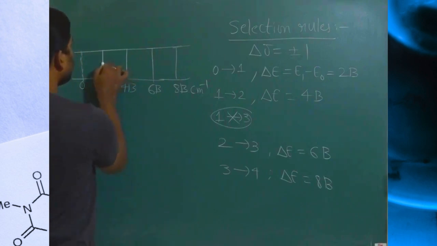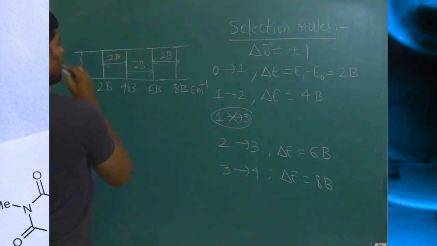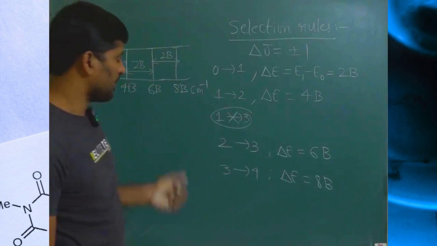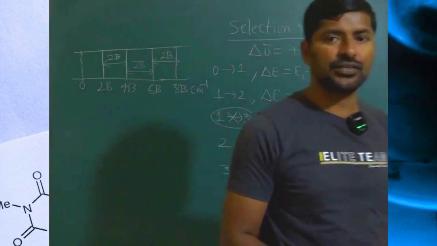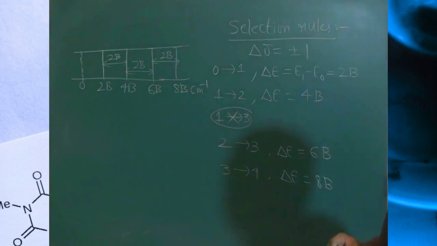So the gap between any two adjacent spectral lines is what? 2B centimeter inverse. You remember this point. The gap between any two successive spectral lines for a rigid diatomic molecule is 2B centimeter inverse.